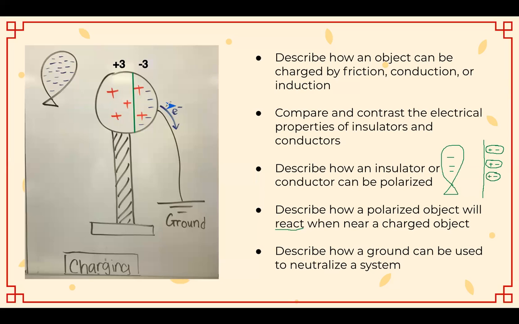If 3 electrons leave the system, this means that the right side becomes neutral and the overall sphere is positive. That's charged by induction. It's induction because they don't touch, they don't rub. You just brought an object close and gave the path for an electron to escape.